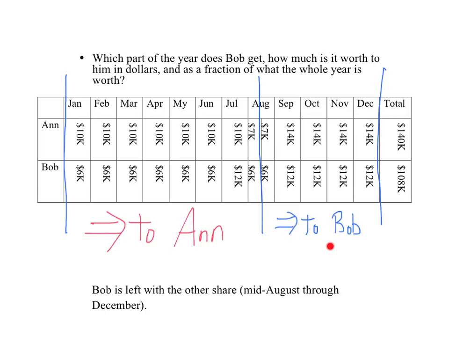But if Bob is the divider, he'll get the minimum fair share and Ann will get a little bit extra. So when the divider-chooser method is actually applied, we don't do it both ways, we do it one way. One specific person is the divider, and the other person is the chooser. But how the divider-chooser method will turn out depends who happens to be the divider and who happens to be the chooser.